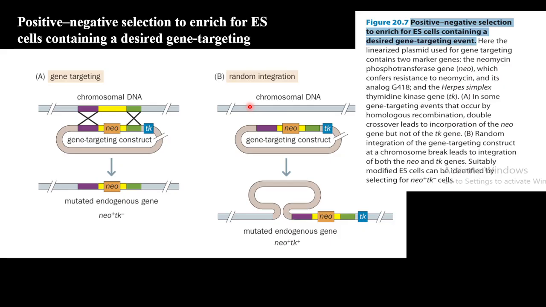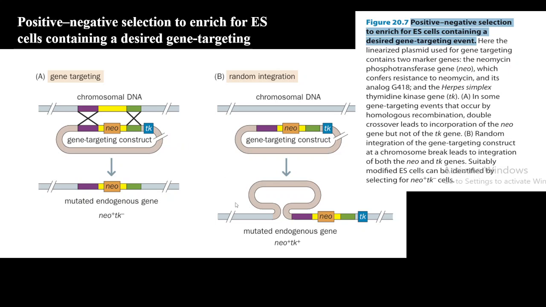Either you can do the positive selection or you can do the negative selection. In case of the positive selection, your gene is tagged with the neomycin resistance marker. So whatever the ES cells, if you grow them in the presence of neomycin, they will grow.